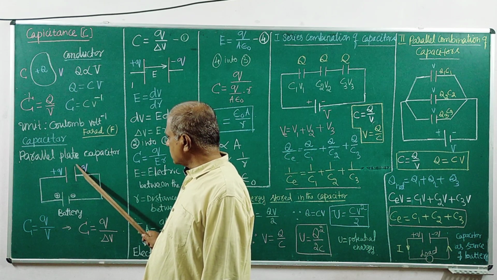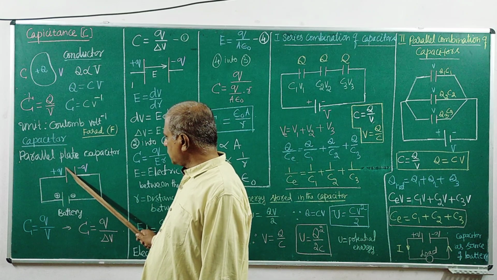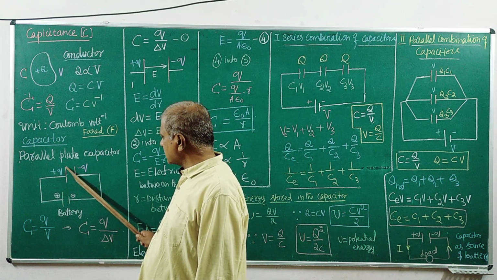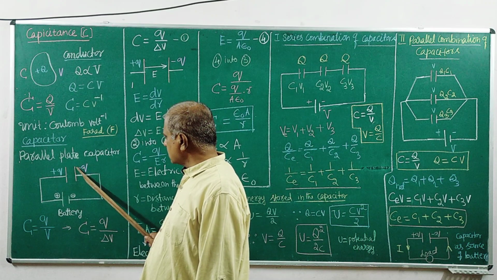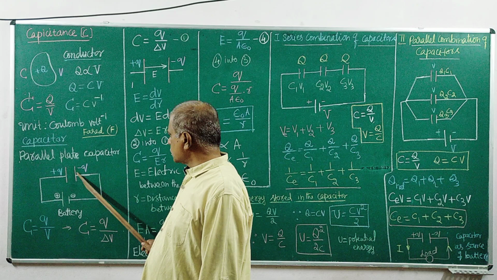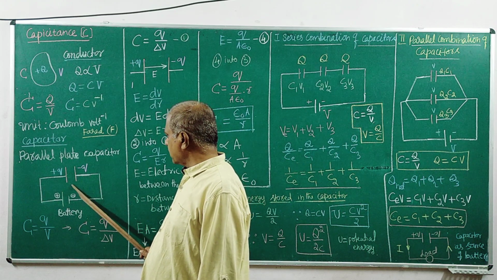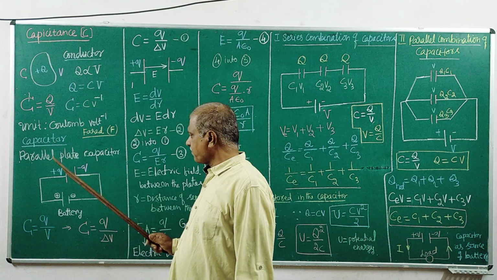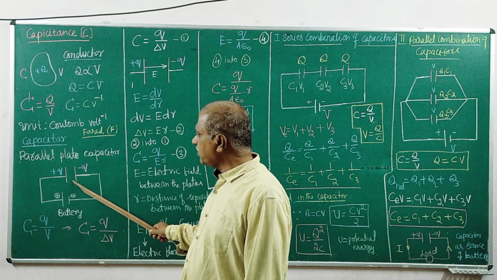So electrons are accumulated on one conductor, and positive charge, or electron-deficient charge, is accumulated on the other, and there is no electric current.